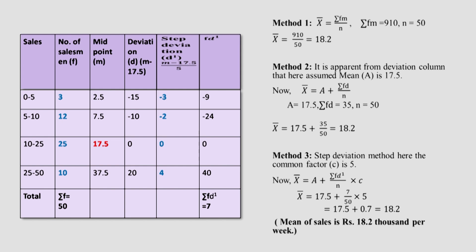Mean is equal to assumed mean which we have taken as 17.5 plus f d dash which is 7 divided by number of observations which is 50 into common factor which is 5, and you get the answer 18.2. So, the mean of sales is rupees 18.2 thousand per week for this particular data set through all the 3 methods that we have seen.